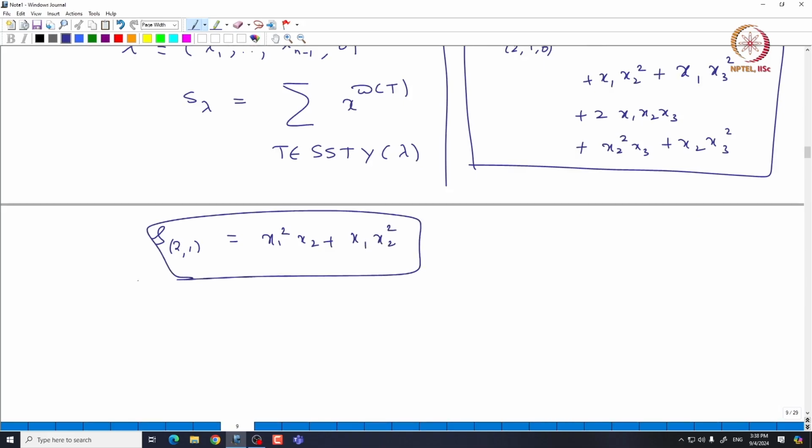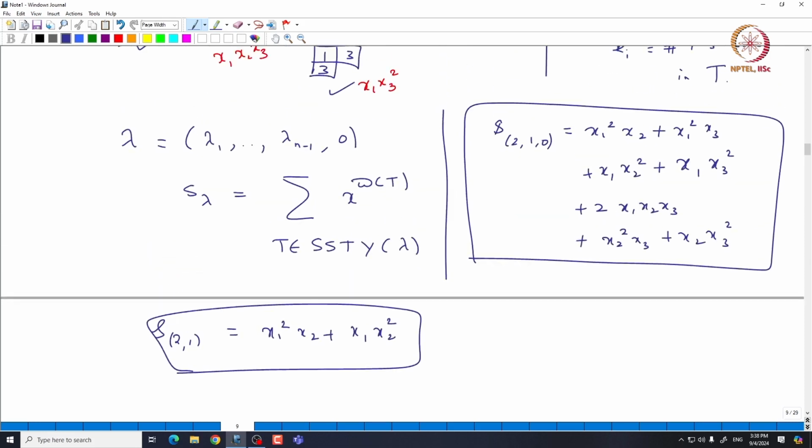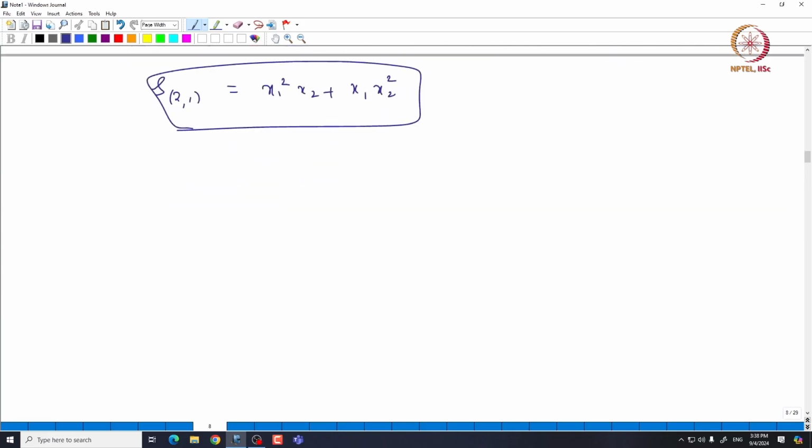This tells you that it is kind of important whether you are thinking of the symmetric polynomial as an n variable polynomial or an n minus 1 variable polynomial and so on. That determines how the polynomial looks, so one should be a little bit cautious while writing down the polynomial.